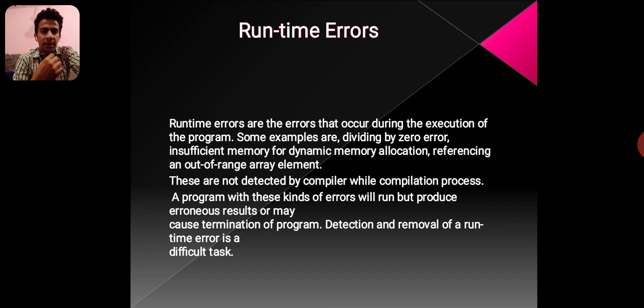These are not detected by the compiler during the compilation process. A program with these kinds of errors will run but will produce erroneous results or may cause termination of the program. Detection and removal of a runtime error is a difficult task.